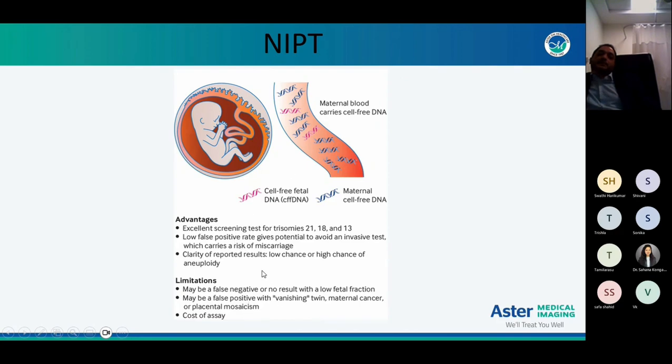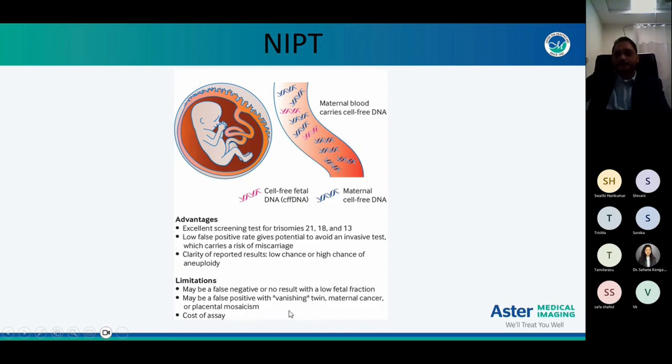Another limitation of NIPT is low fetal fraction, which is reported as a low fetal fraction or no result or no call. That is, the quantity of fetal fraction is very low, so the result is not available. So in these cases also we will not get a result with NIPT.